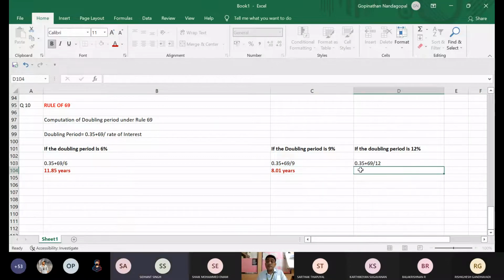Next one. Sir, 6.1. 6.10 years. So again, I'm telling you, the idea of learning doubling period using rule 72, sometimes 69, is to know how your investment is going to double within a given period to have a proper rate of return.